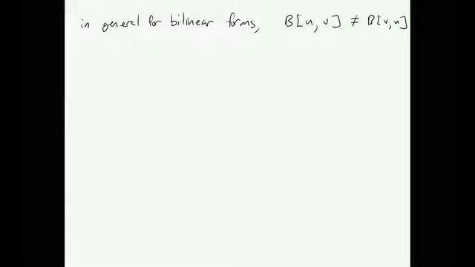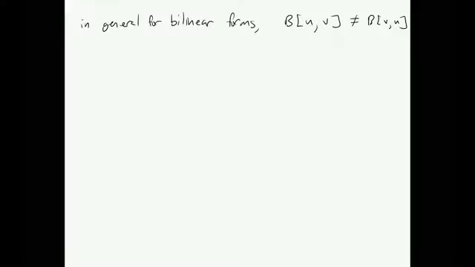And in fact, it may not even make sense to swap the arguments. You can have a bilinear form where u lives in one vector space and v lives in a completely different vector space, like u is a scalar and v is a column vector, and you can't even swap them. So this may not even make sense.